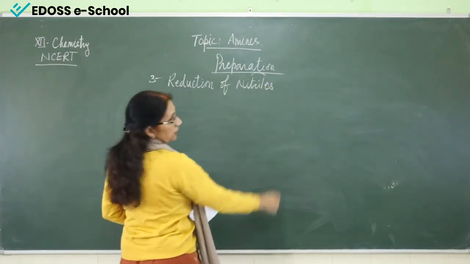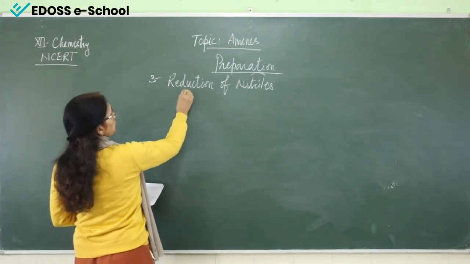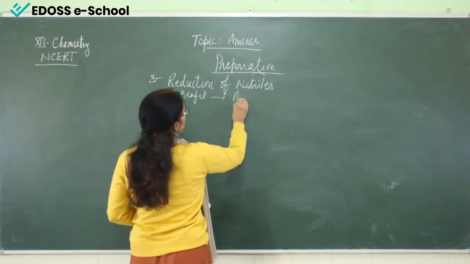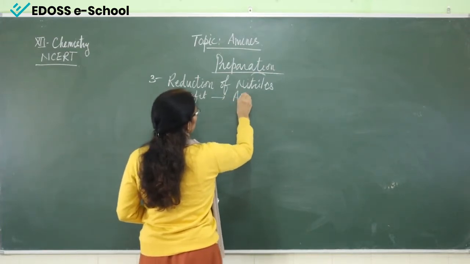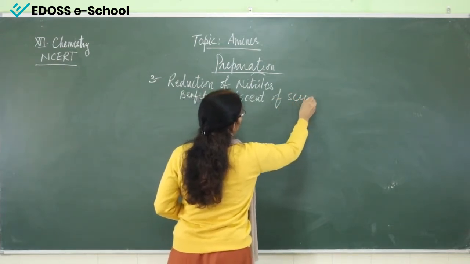By reducing nitriles. And remember, what is the benefit of this reaction? This is used for the ascent of series. Ascent of series. I will show you how.